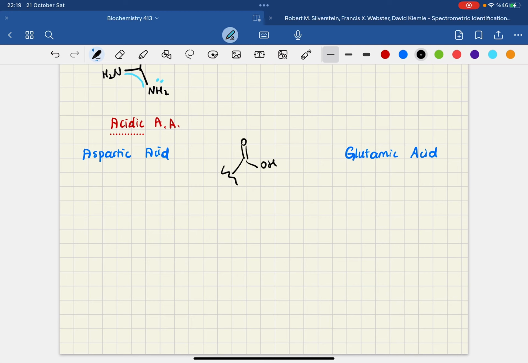We know that, but there's a slight difference. Aspartic acid has just 1 carbon in its R group, whereas glutamic acid has 2 carbons in its R group. All right, now how to remember this? Aspartic acid has an A, which is the first letter in our alphabet. So first letter means we have just 1 carbon in our R group.